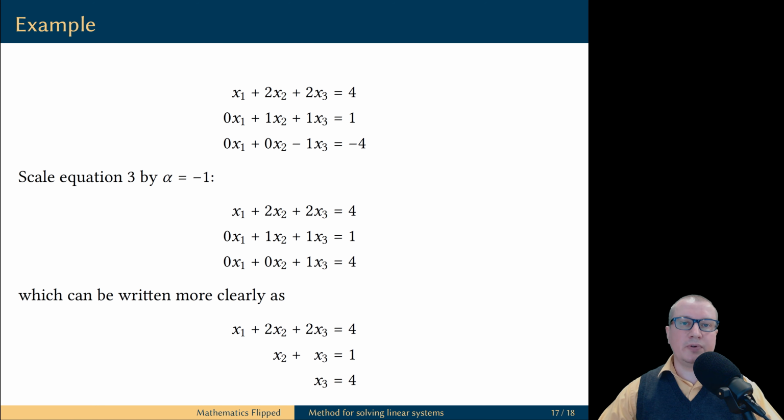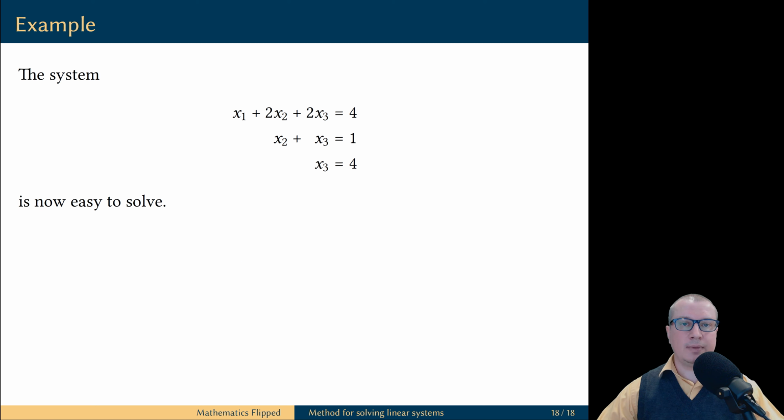This linear system can be written more clearly by not writing explicitly the variables which are multiplied by zeros. Now you see that it has a much simpler form than the original system. It looks like a triangle, and these systems are easy to solve, as we will see now. Let's solve this new simple system.